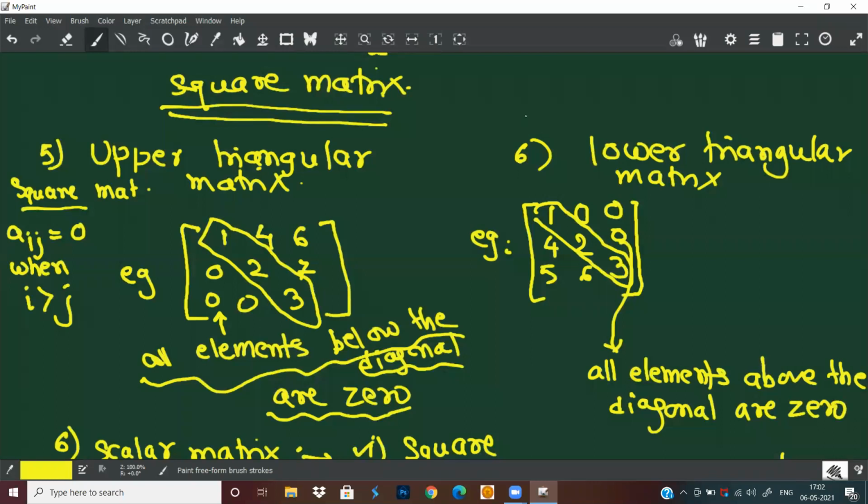And lower में क्या लिखोगे? All Aij are 0 if i is less than j. Correct? And diagonal में क्या लिखोगे?